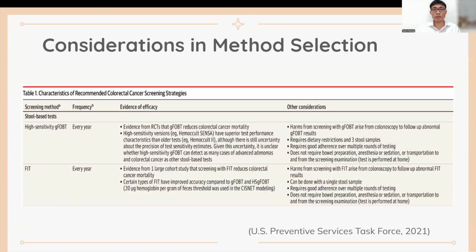In order to select the best method for screening, we have to consider a few factors. For FOBT, dietary restrictions apply: the patient should avoid intake of reducing or oxidizing agents in their diet, which result in false positivity or negativity. Also, three stool samples are required for this test, while FIT can be done with a single stool sample only.